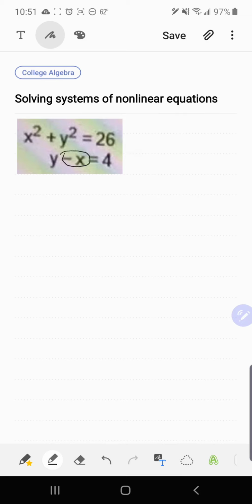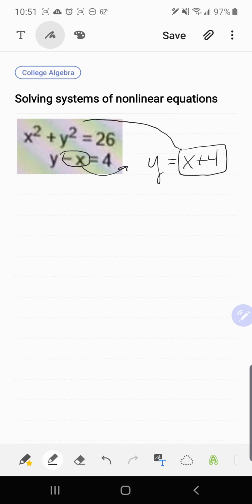So I'm going to take the negative x and move it over, and that's going to give me y equals x plus 4. And what that tells me is I can replace any y with x plus 4.